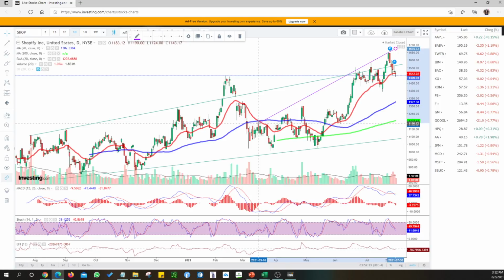Let's draw another resistance line here, the shortest line, and over here. Yep. I can perhaps push it over here or here.